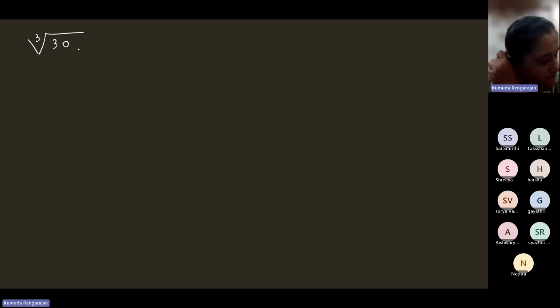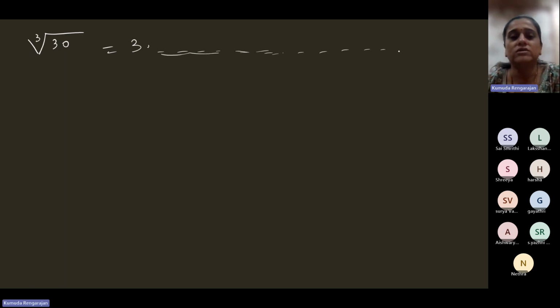30 is, I repeat, not a perfect cube. So the cube root of 30 is an irrational number. The value will be 3 point something. This decimal part will go on and on, so non-terminating, and it will be non-repeating.